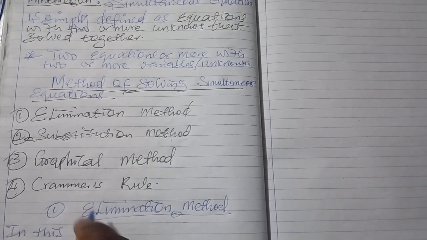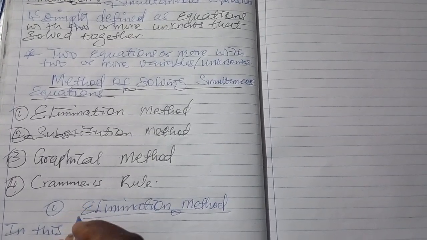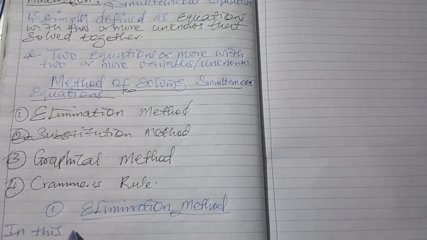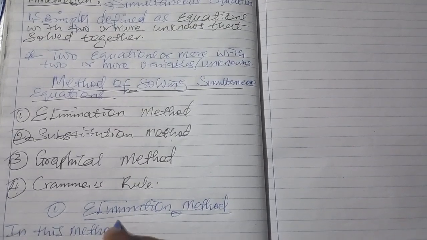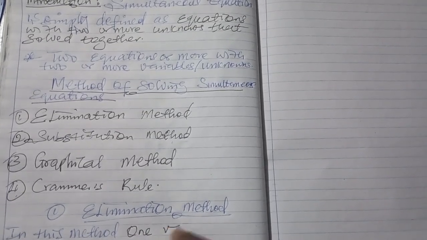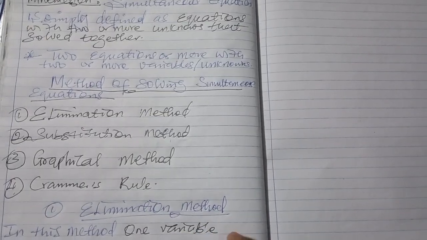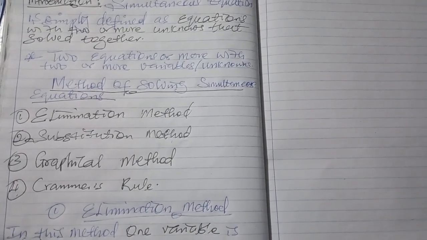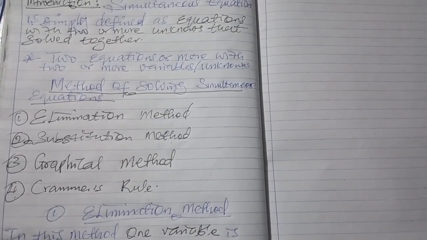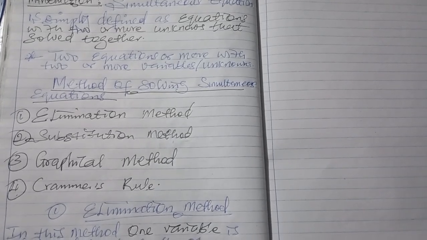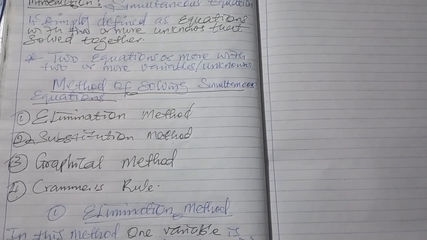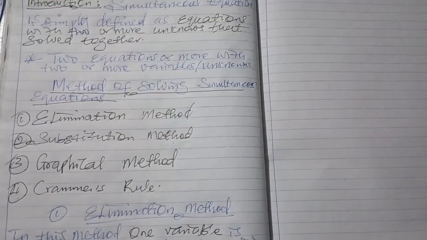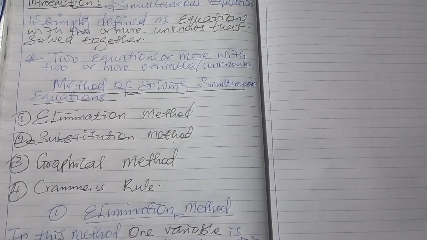In this method, one variable is eliminated so that the other variable can be found. All right, let's solve an example here.